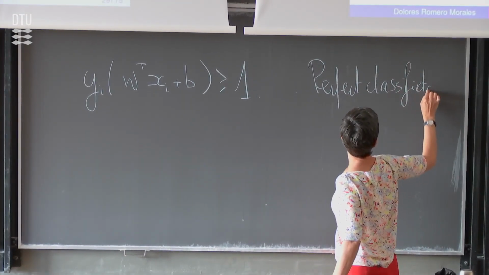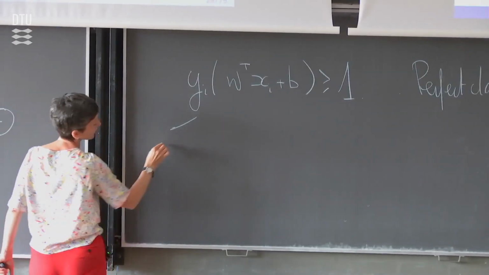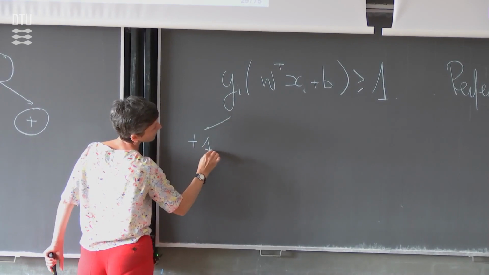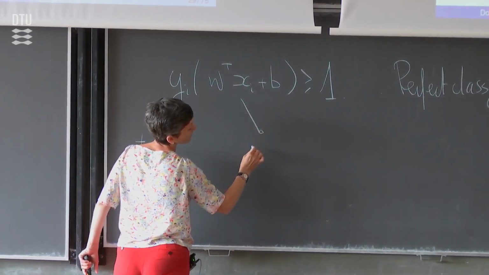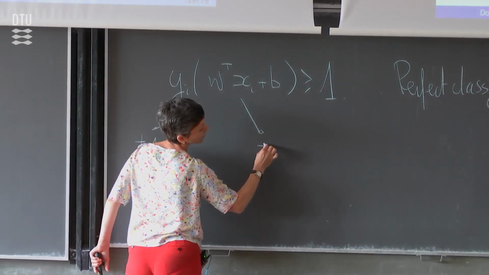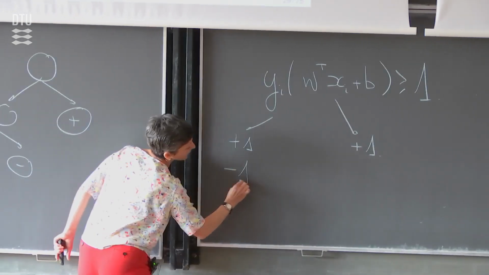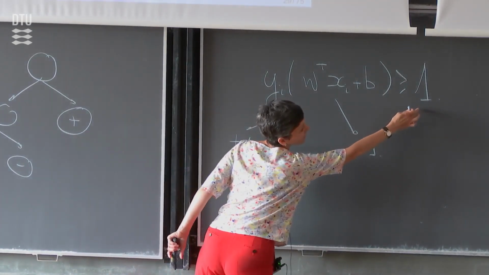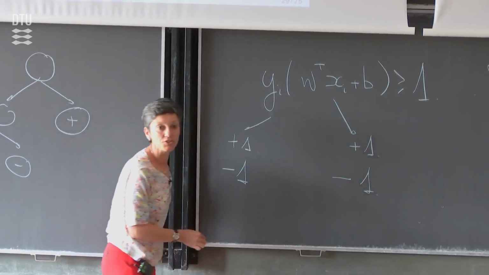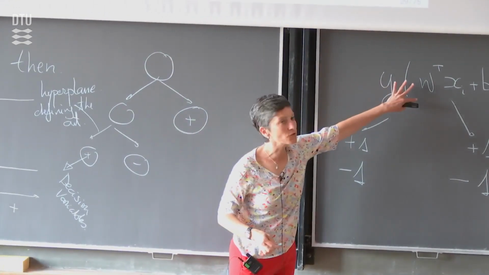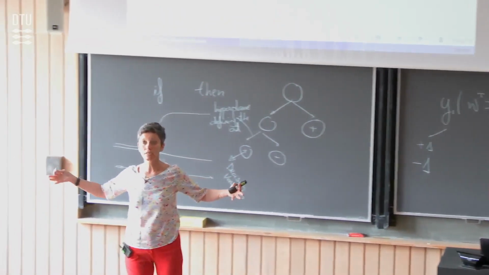Because here this is a positive guy, and to get this greater than or equal to 1, you will also need a positive prediction. Then you have a negative guy, and you need something less than or equal to minus 1, so you will need a negative prediction. If you impose this, then you know that the two classes are separable.